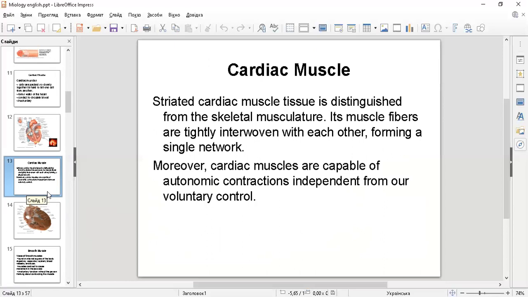Striated cardiac muscle tissue is distinguished from the skeletal musculature. Its muscle fibers are tightly interwoven with each other, forming a single network.